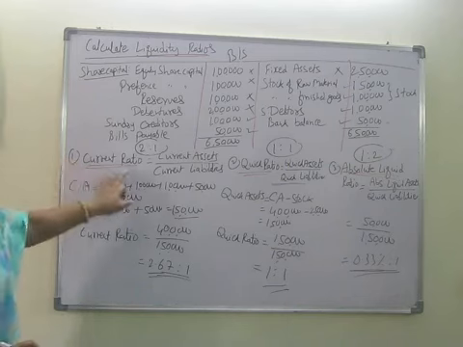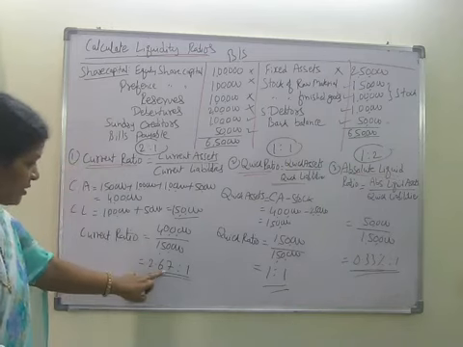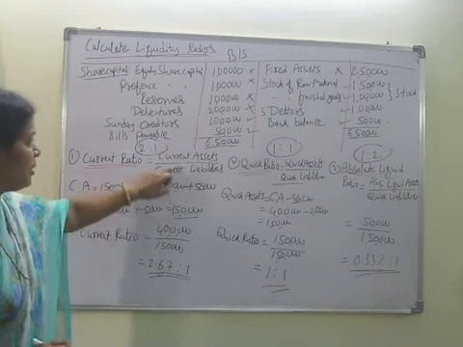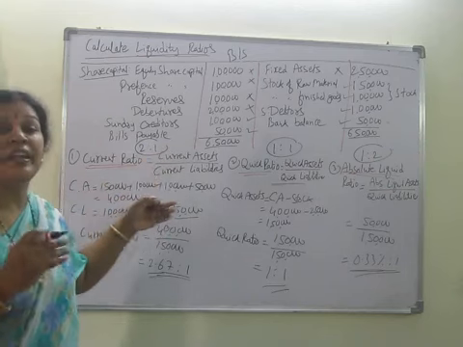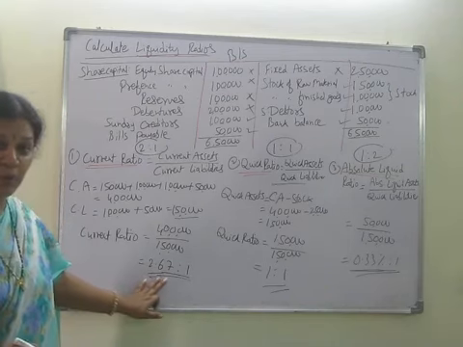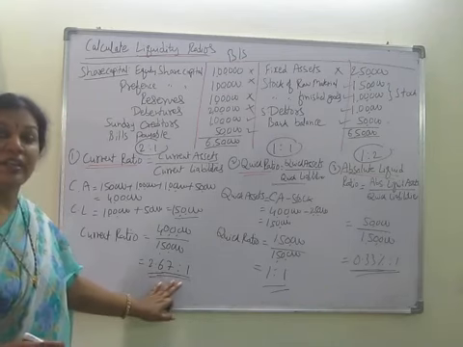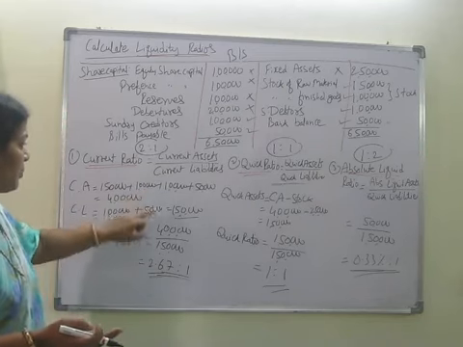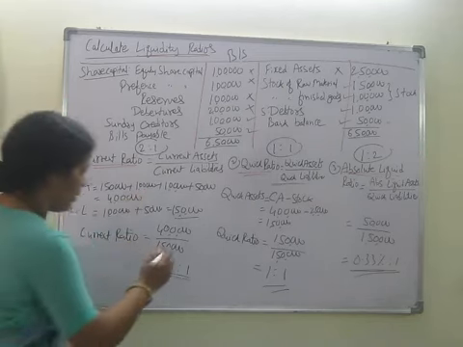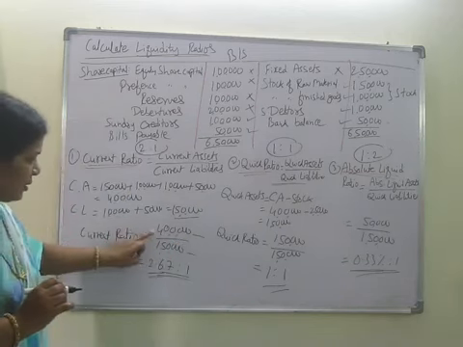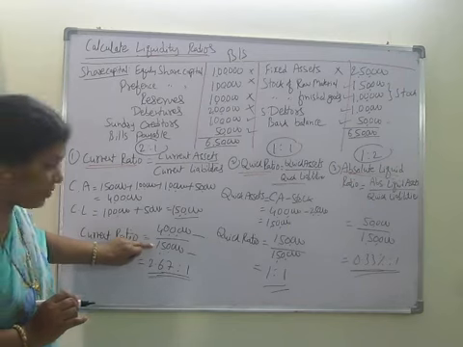Now if you see the current ratio, what ratio did we get? 2.67:1. It means for every rupee of current liabilities, current assets should be double or more than double. Yes, it is more than double. Suppose current assets are 4 lakh and current liabilities are 1,50,000.